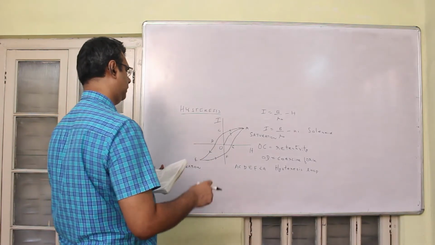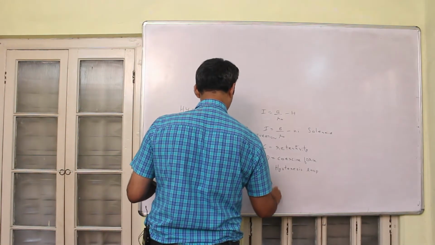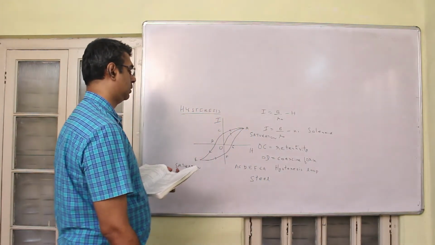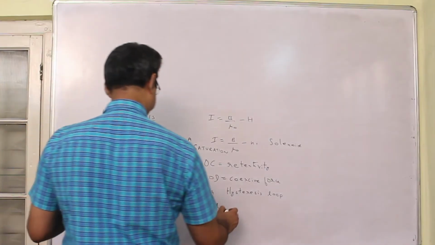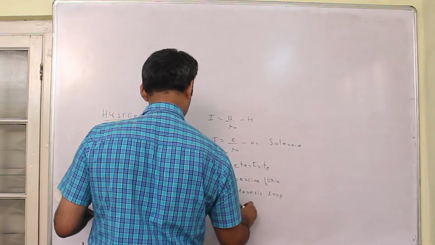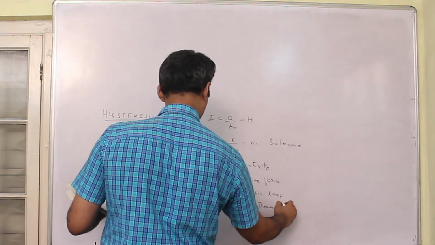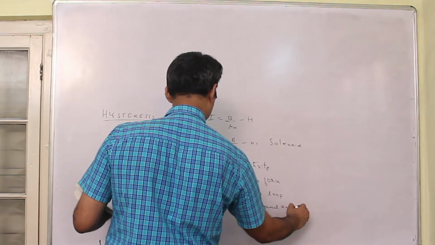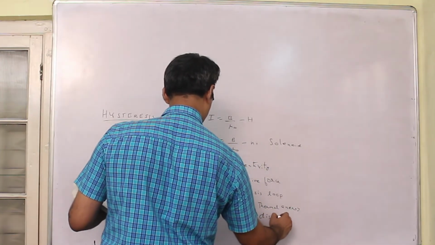Now, if you are studying a substance like steel, then the hysteresis loop area is very large. It is found that the area is proportional to thermal energy loss, or you can say thermal energy dissipated.